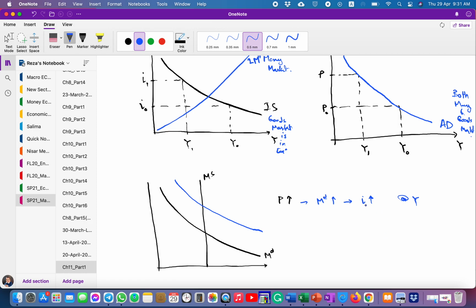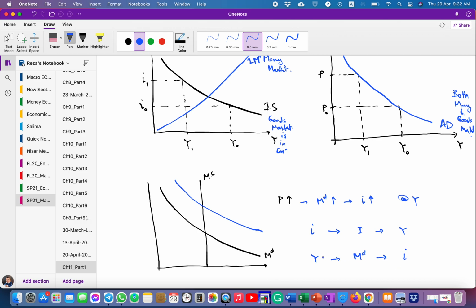But we know that if this happens, then in goods market, it's going to change the Y. So we would say that interest rate causes a change in investment and causes a change in Y, and changes in Y cause a change in money demand, which then changes the interest rate.